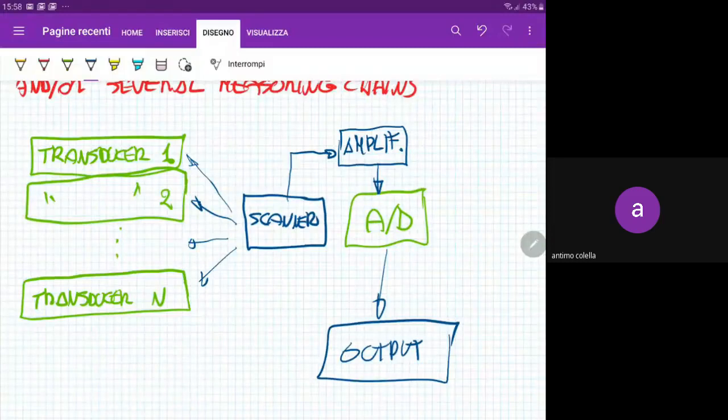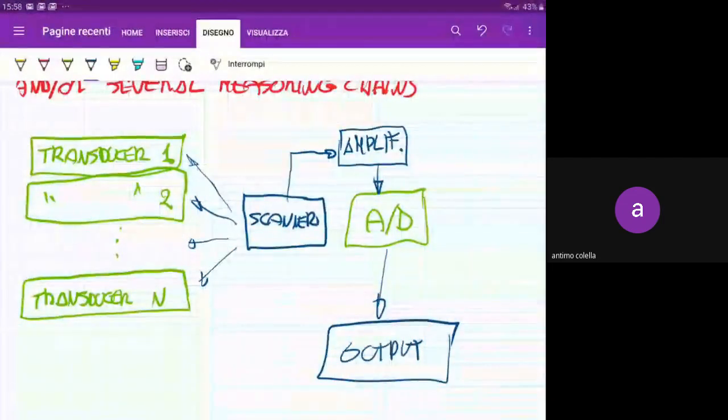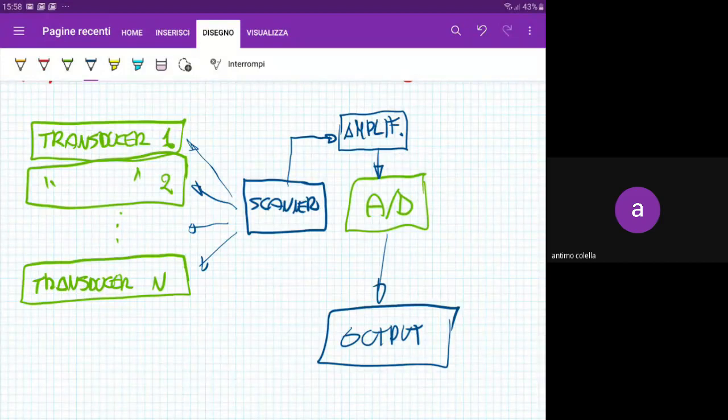So if you require your signals to be synchronous, that is, you need to have the information of the different values of the transduced signals of your system at the same time, then you have to take care about the scanner, because if the scanner speed is high with respect to the time evolution of your signal, then you can assume that these values of the output quantities are synchronous.